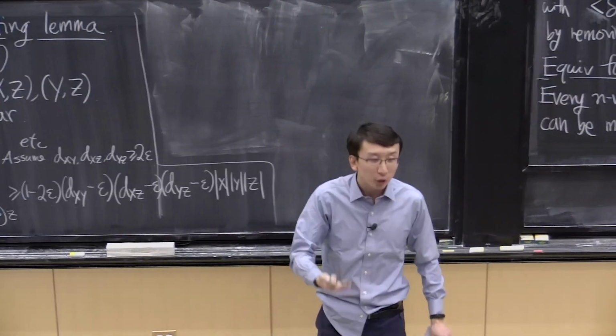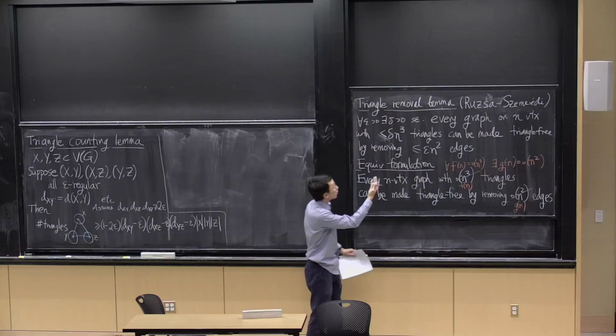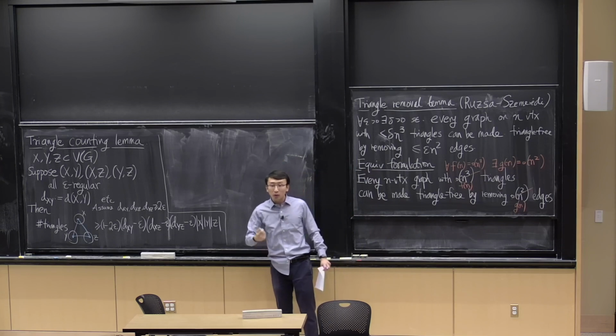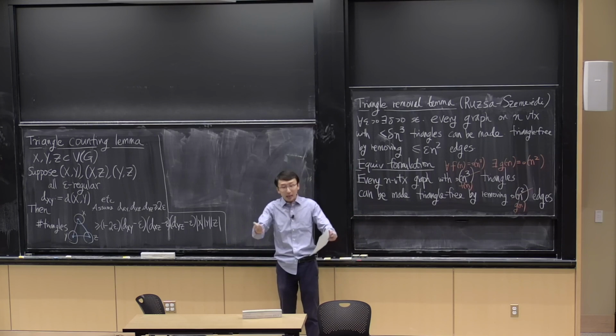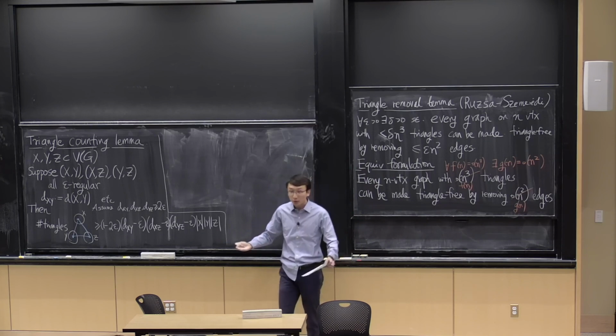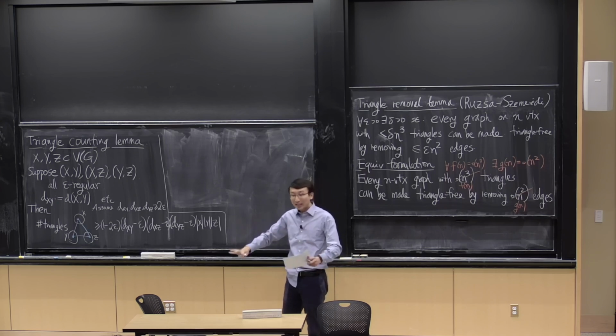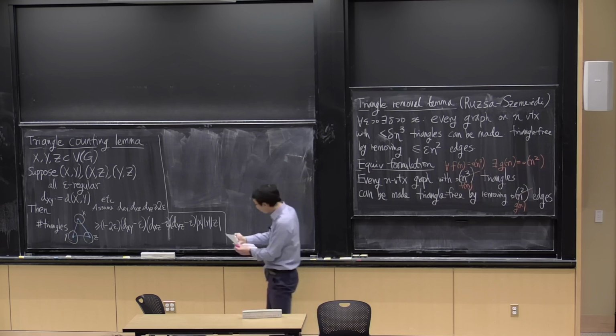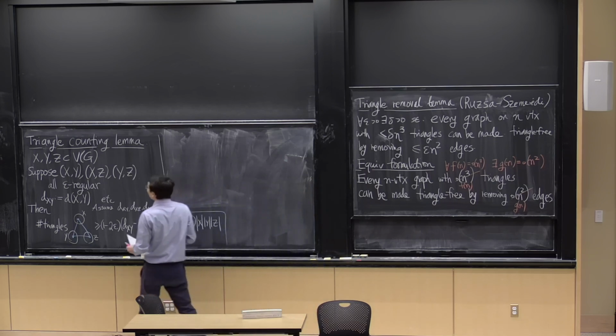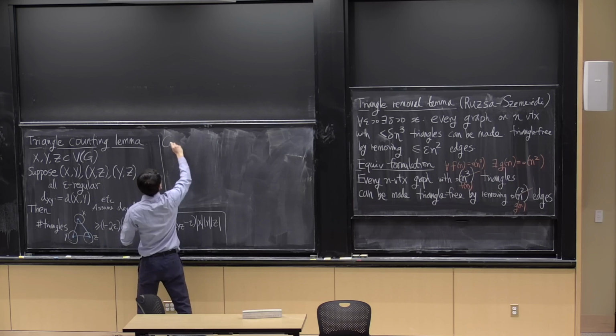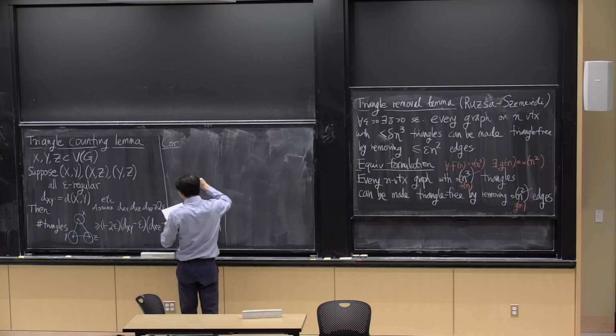And so that's what I want to explain, how to connect this graph theoretic statement to a statement about three AP free subsets of the integers. And this goes back to the very connection between graph theory and additive combinatorics that I highlighted in the first lecture. But first, let me state a corollary of the triangle removal lemma.